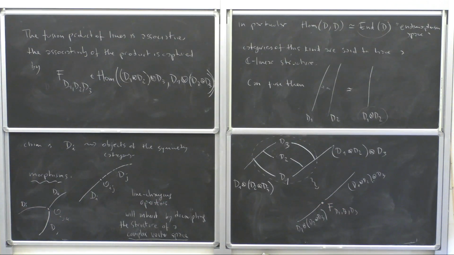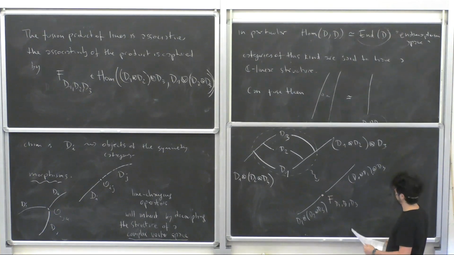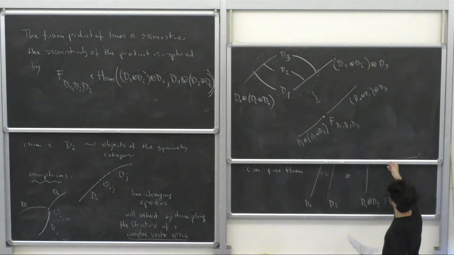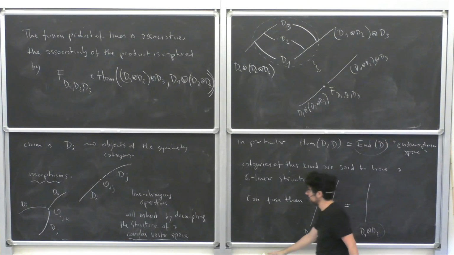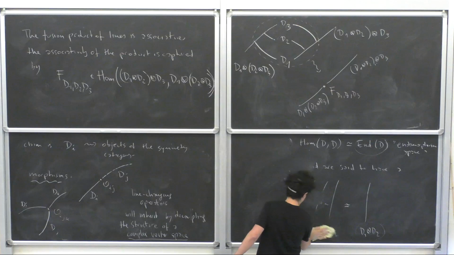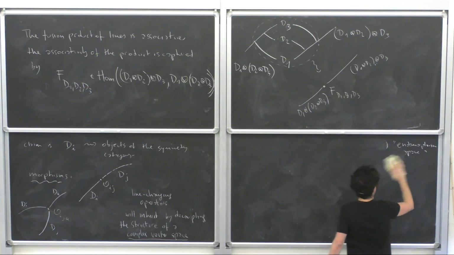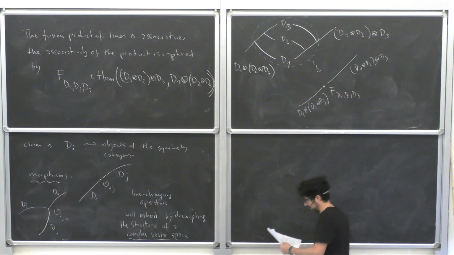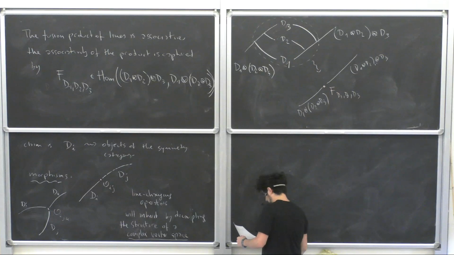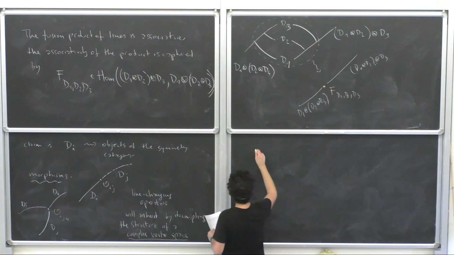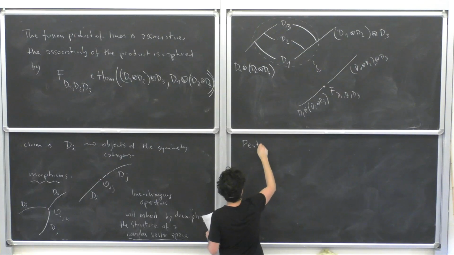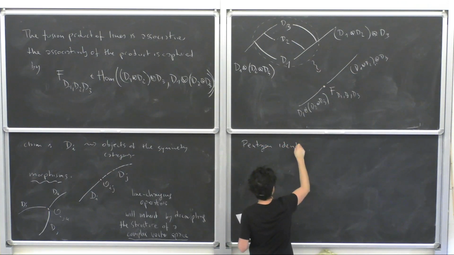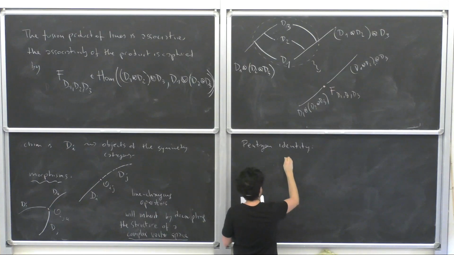And now, because of the topological nature of these junctions of topological lines, the associator morphism has to satisfy some sort of pentagon identity, which is essentially associated to a commutative diagram. So the idea is that you consider the fusion of 4 objects.